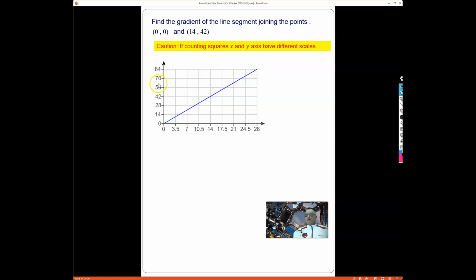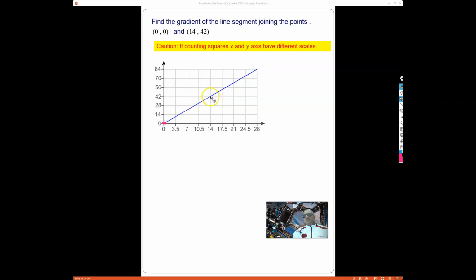What I mean by that is, if you look at the difference between the vertical changes, it's 14, whereas the change in the horizontal is 3.5. They're not the same. So if you calculated it by just counting, for example, if I picked 2 points and I counted, then I would get an incorrect answer.